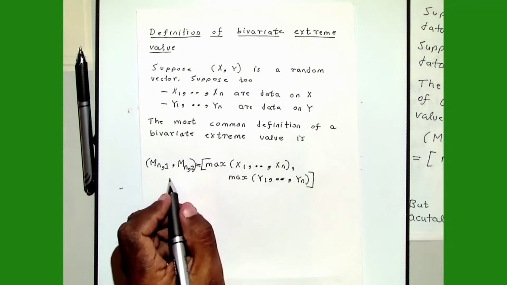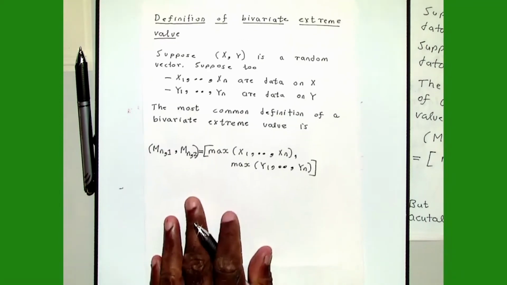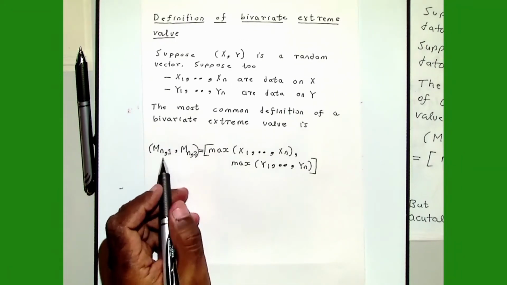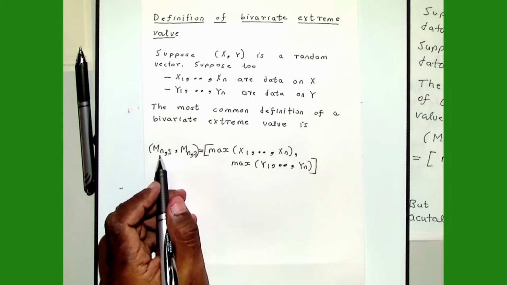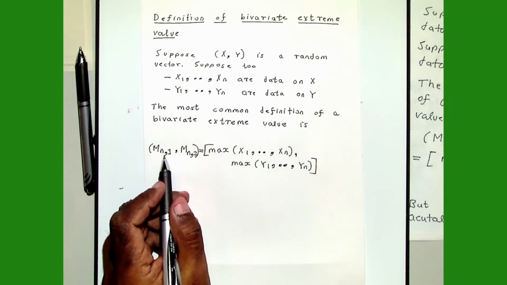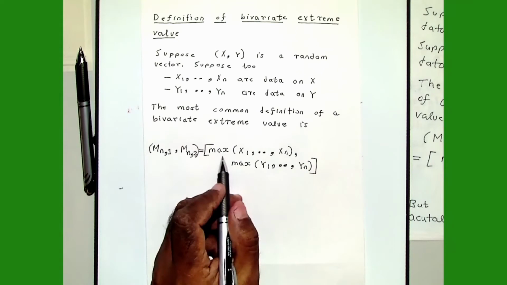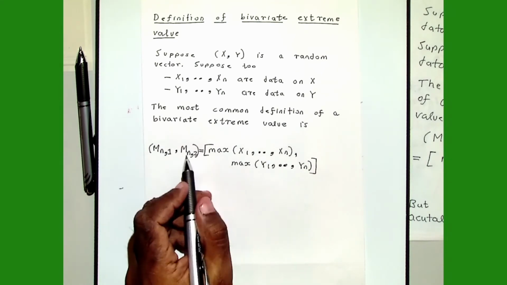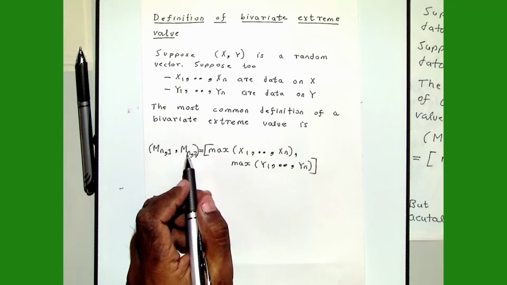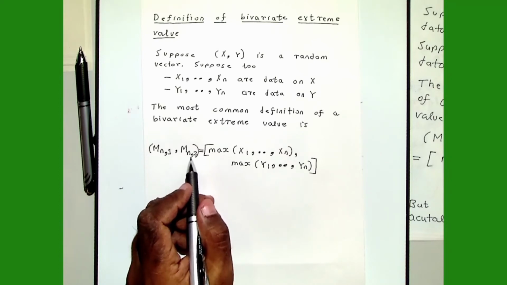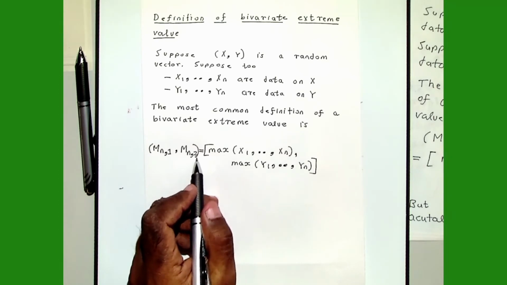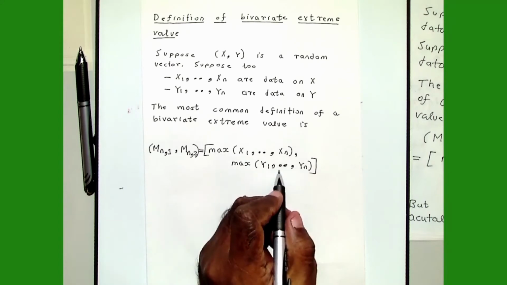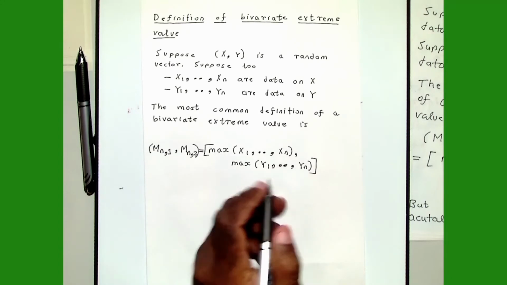This is the notation I shall use to denote the bivariate extreme value. So it has two components. The first component, capital M n, 1, denotes the largest of the data on X. The second component, capital M subscript n, 2, denotes the largest of the data on Y's.